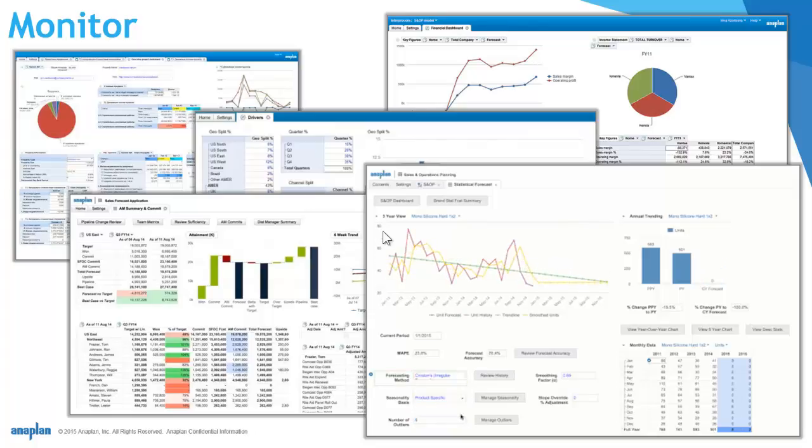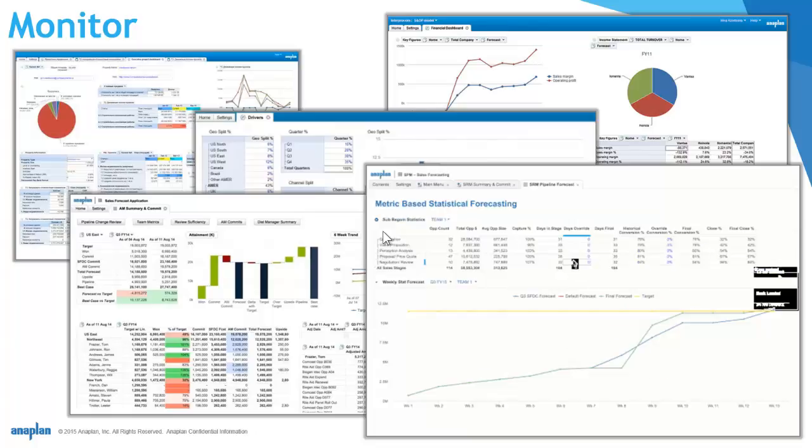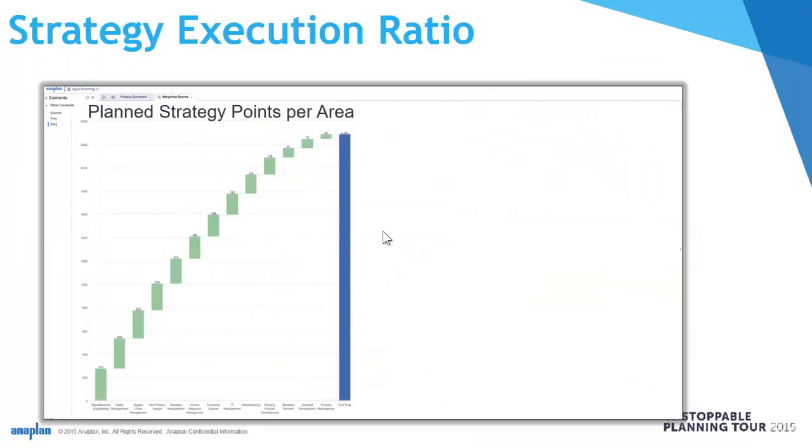But again, the unique benefit we have here is because we've joined these things together, we can also understand, are we actually executing on the strategy? And here's what we know. Our research at Harvard tells us that 80% of strategies fail, not because they're not brilliant, but because they're not executed. So we need to make sure that we're closing the loop, that we are actually executing the plan. So what if we go back to the chart we saw before?